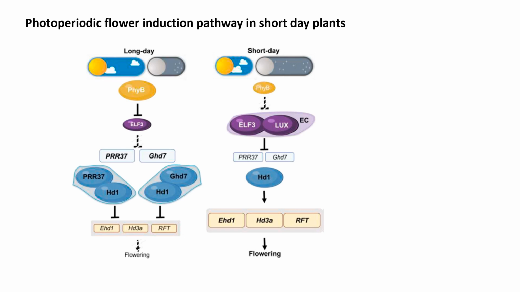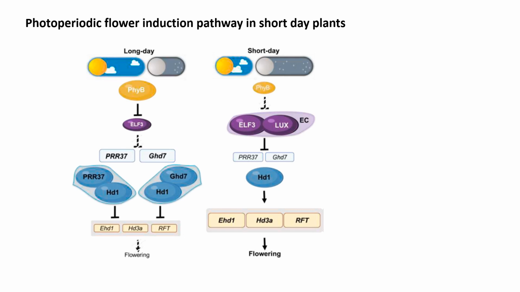Inhibition of ELF3 allows the expression of repressors grain number, plant height and heading date 7 or GHD7 and the response regulator PRR37. Binding of these repressors to HD1 prevents the activation of HD3A under long days.